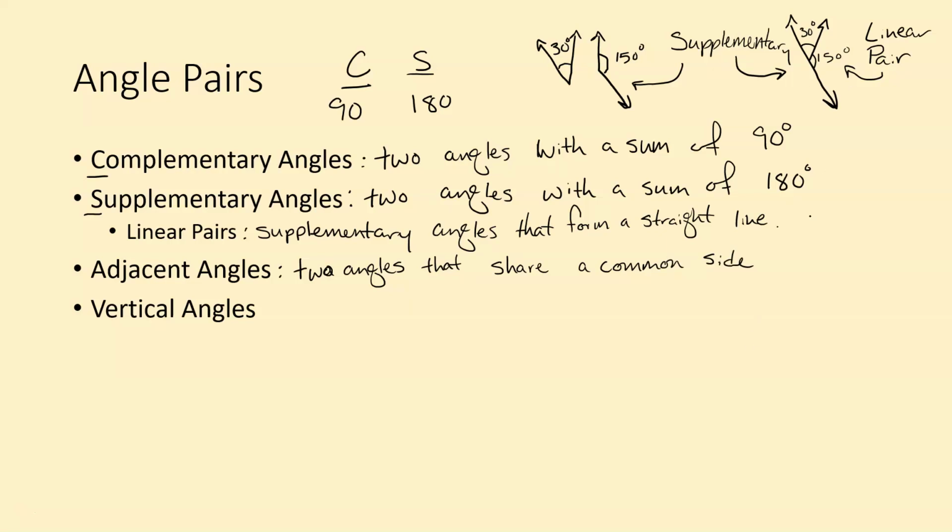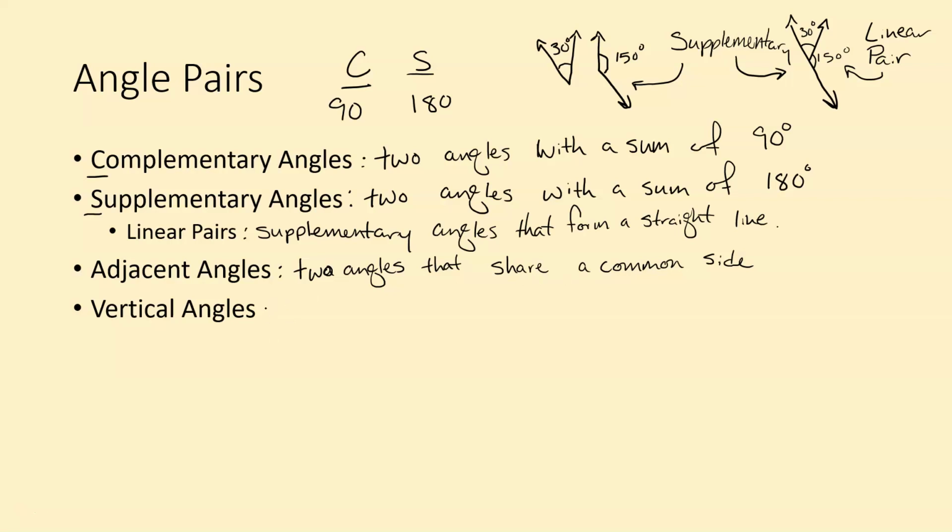So like this example up here, two angles that share a common side. And one thing I should probably mention also is complementary angles. Same as supplementary angles, complementary angles do not have to be adjacent. They can be two totally distinct angles that add up to 90 degrees. Again, adjacent angles are two angles that share a common side.